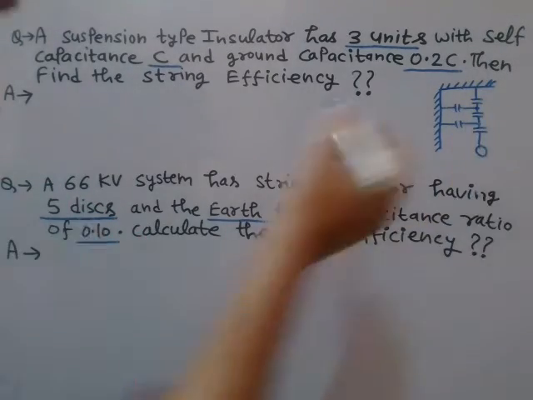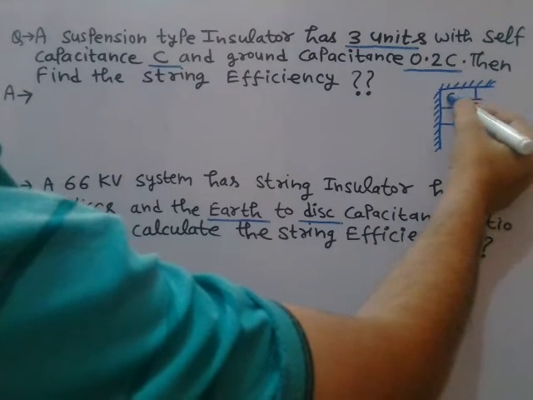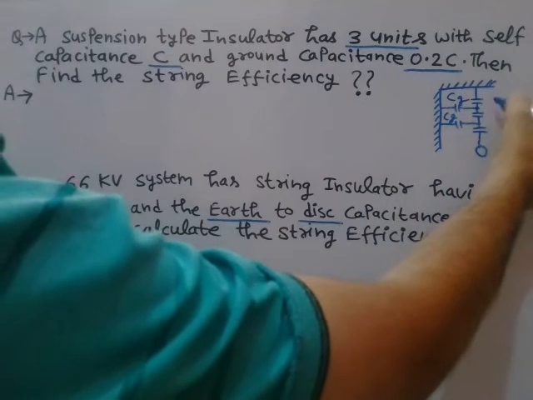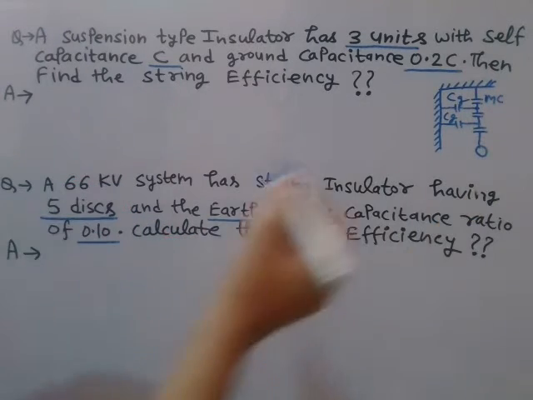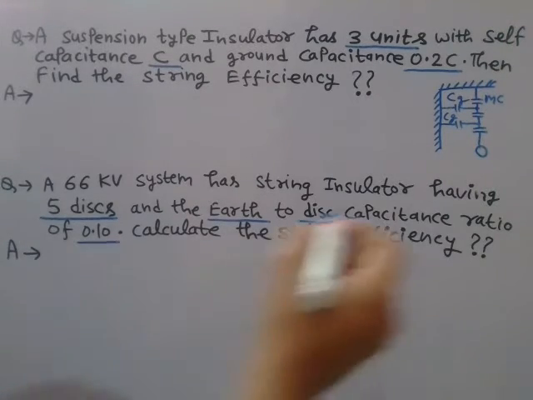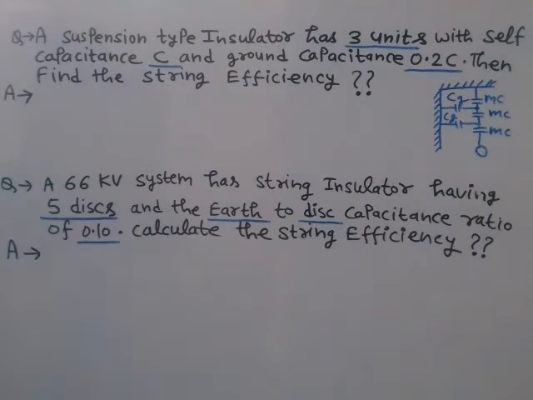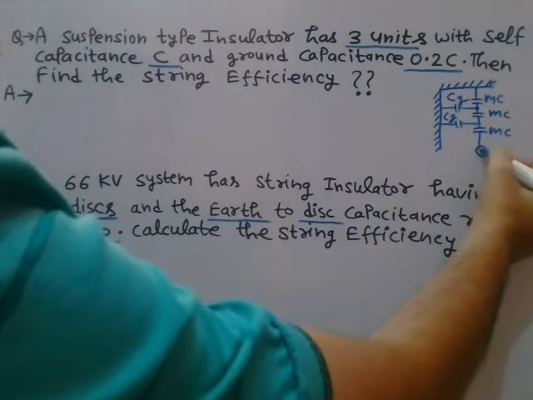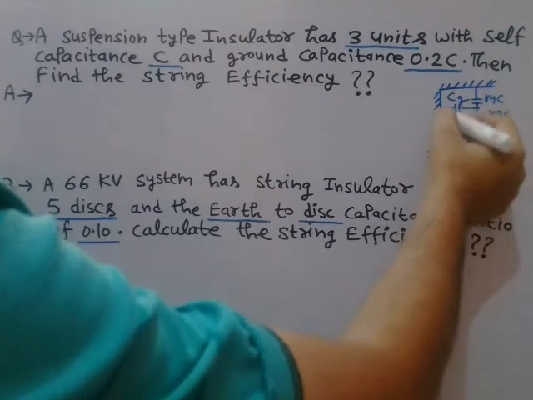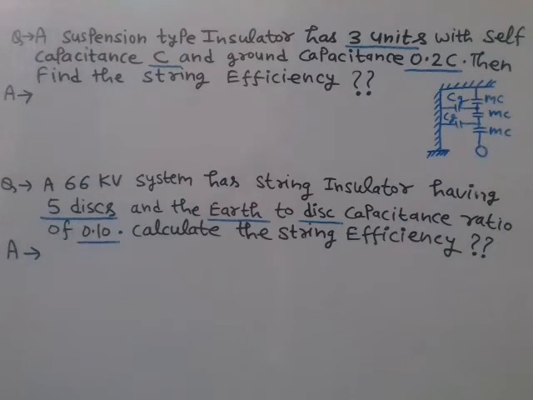So this is known as ground capacitance, Cg. This is again the ground capacitance Cg. And here this is the mutual capacitance, let me denote it by MC. This is another mutual capacitance, and another mutual capacitance, and here this is the power conductor. This is basically the grounded tower body, and this is the cross arm.